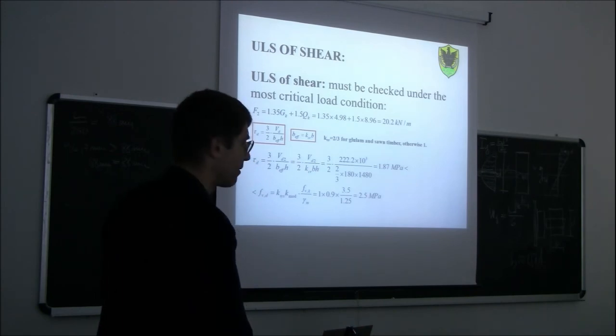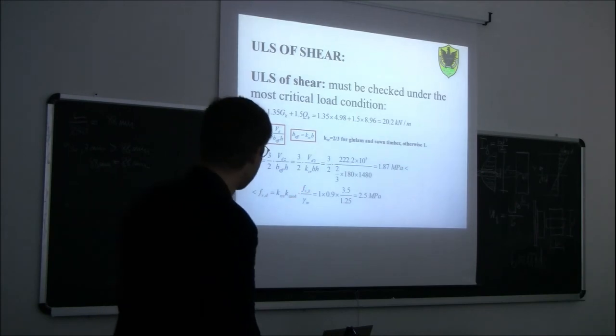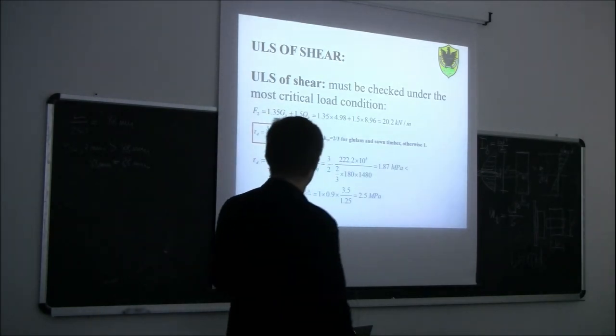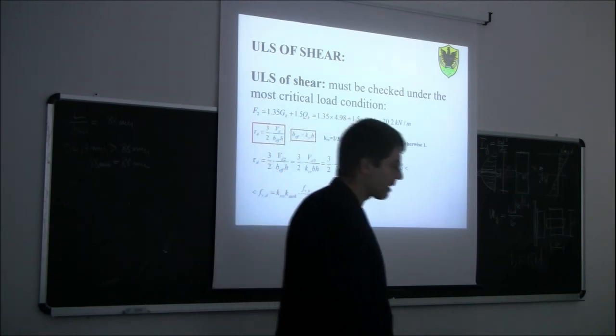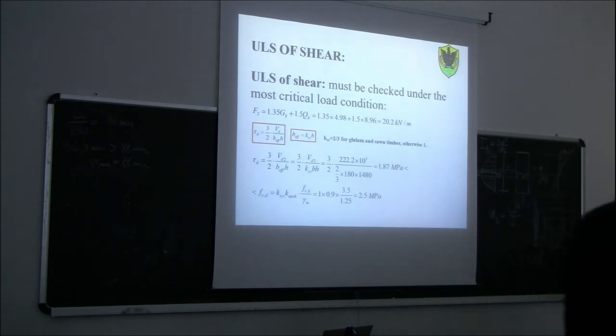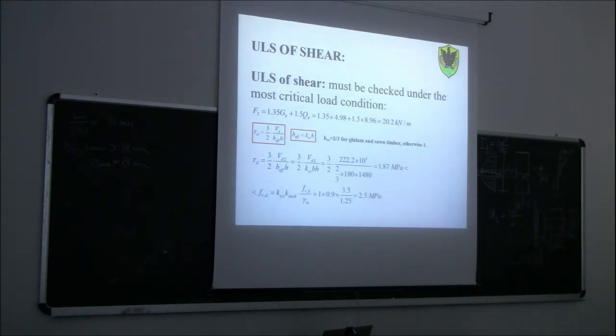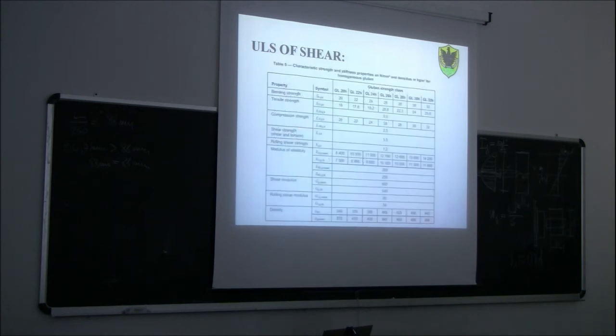The strength is K system times K mod times FVK divided by gamma M. K system, K mod and gamma M are always the same. FVK is the characteristic strength for longitudinal shear, which you can find from here.